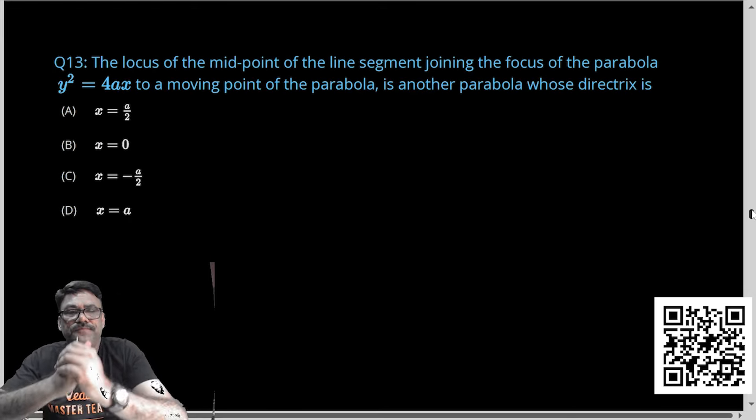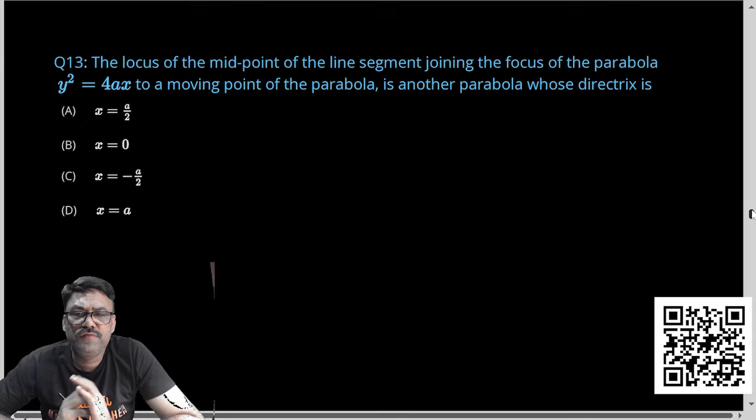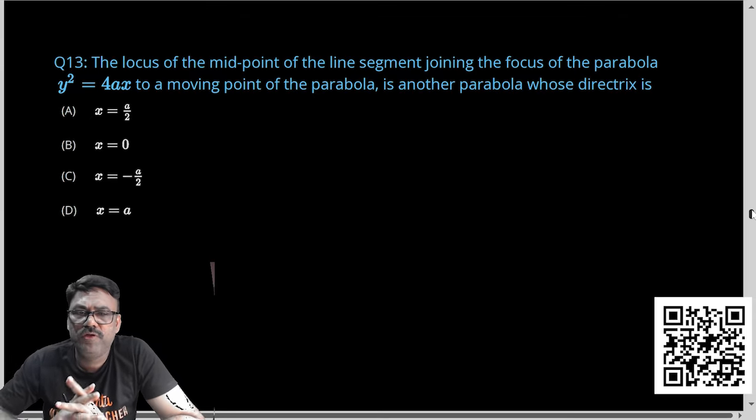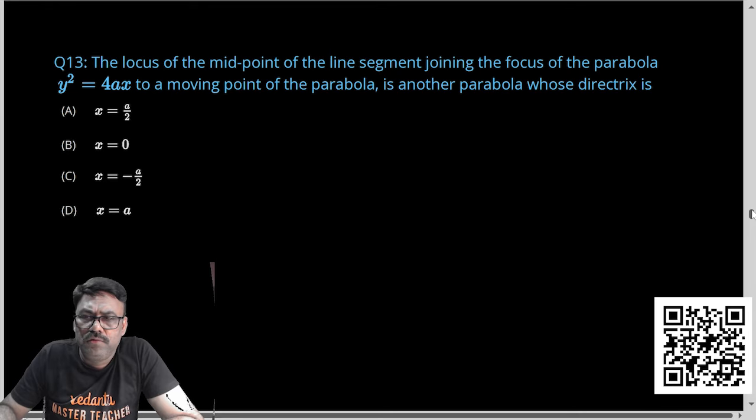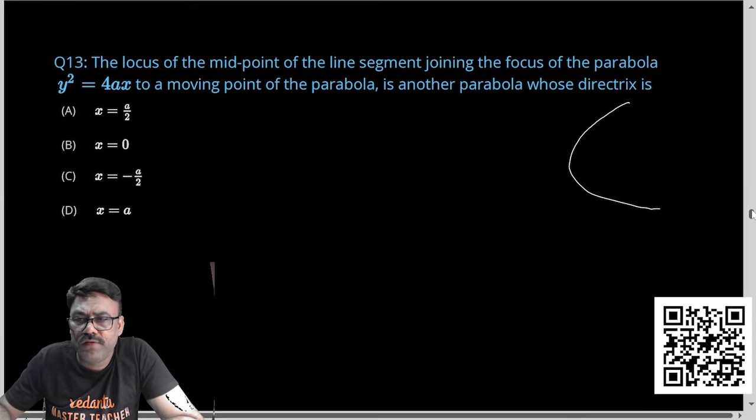Let's see this question. The locus of the midpoint of the line segment joining the focus of the parabola to a moving point of the parabola. So very easy question. You know that it is a right open parabola like this. I'm joining the focus of the parabola to a moving point of the parabola.